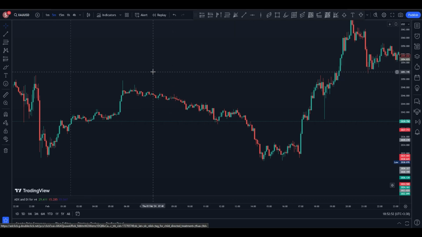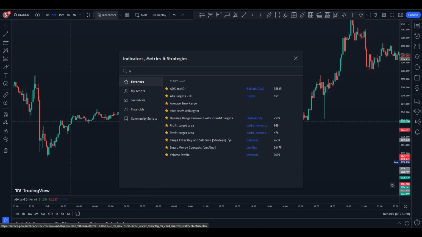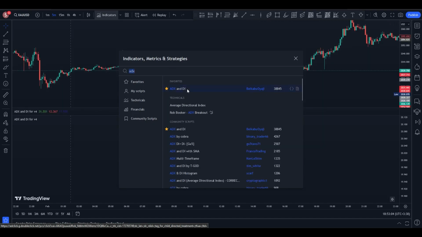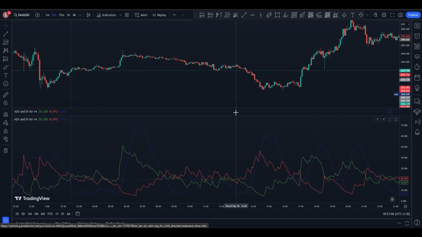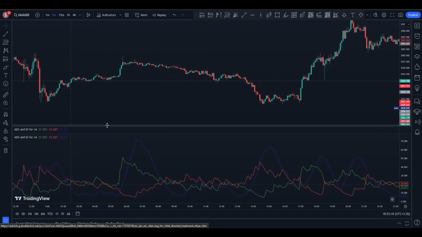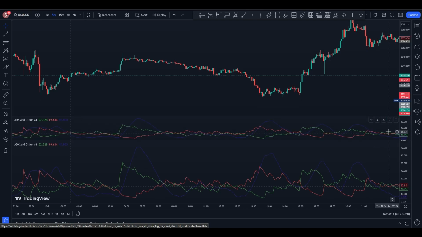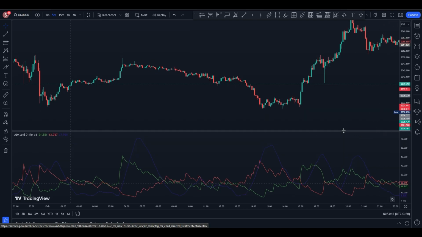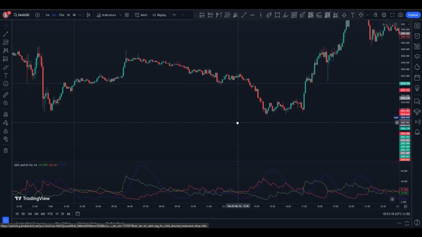Okay, let's see ADX on the chart. First, to add ADX on the chart, we go to the indicator section here and write ADX. If you click on it, you can see the ADX comes here.